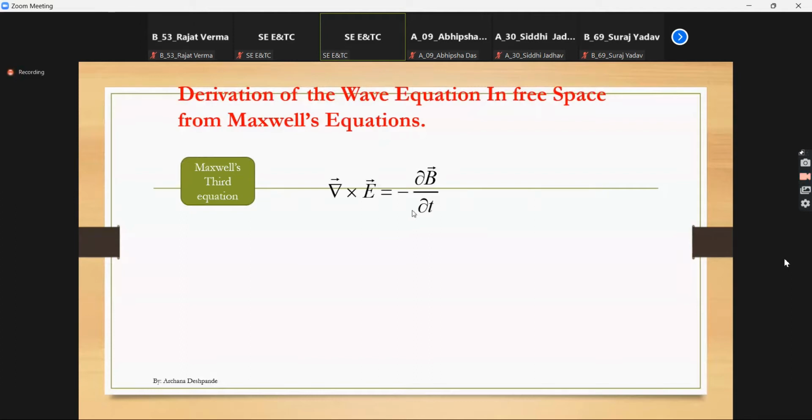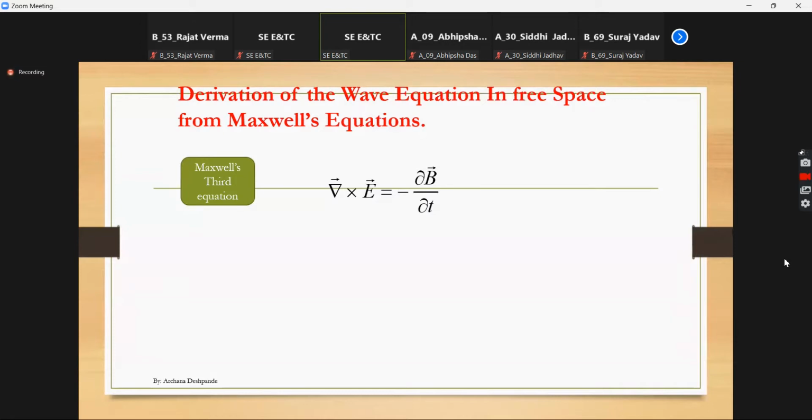Please remember Maxwell's first and second equations are Gauss law in electrostatics and Gauss law in magnetostatics, which do not have any time variations. Gauss law in electrostatics, in point form, is divergence of D equals rho V, and the second, Gauss law in magnetostatics, is divergence of B equals 0. These do not have any dot term.